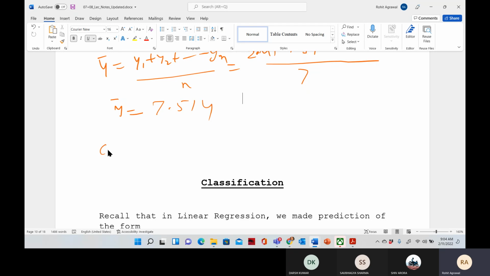Now we will calculate the covariance of x comma y. So i equals 1 to n, where n is equal to 7 here.